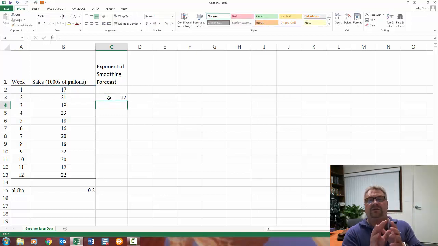Okay? Now, I should stop here and say, look, your book does a great job of explaining this to you. Despite what I just said, that I'm going to take alpha times the period 2 sales plus 1 minus alpha times the period 2 forecast, it can be shown that the exponential smoothing technique actually takes into account all of your data.